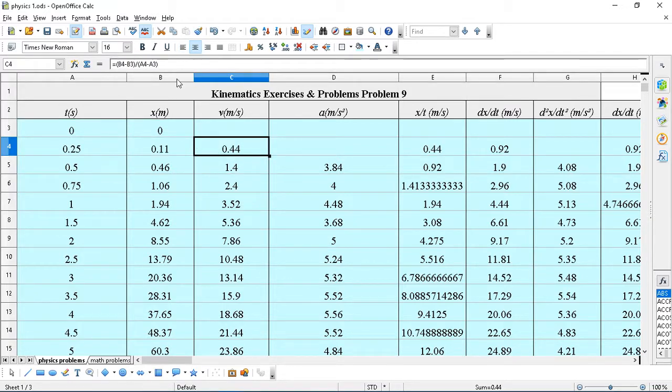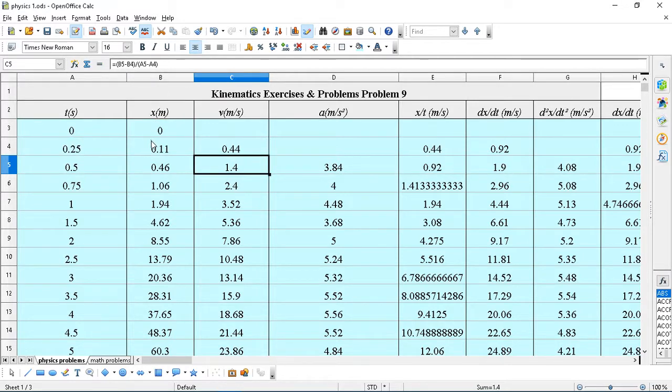Here you can see B4 minus B3. You have column B and row 4, and therefore cell B4 corresponds to B4 written here.